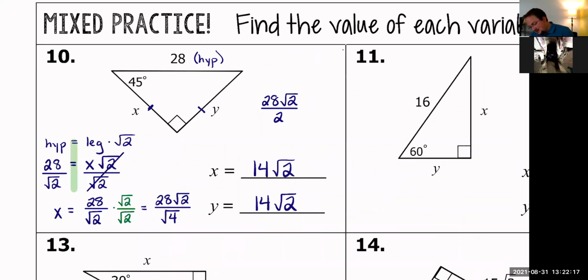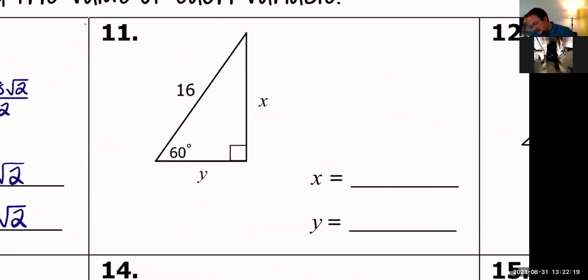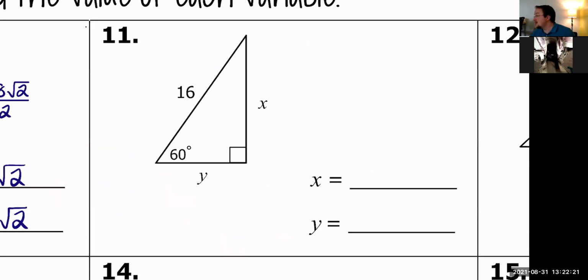Number 11. What type of triangle is this? The 30, 60, 90. So then we have to say, okay, that's the mindset we're in. So it looks like it gave us our hypotenuse. What's y? Short leg. And x then must be the long leg.